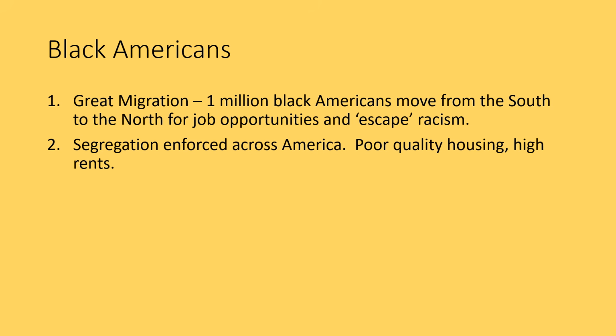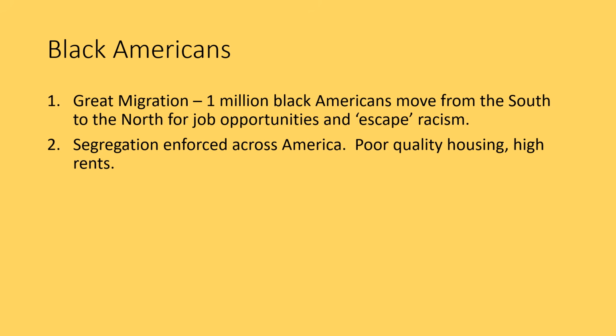Where they did live, the housing was of a very, very poor quality, where we start to get areas known as ghettos, not the same kind of ghettos as any of you who have studied Nazi Germany and the Holocaust may have heard of. They're not the same kind of thing, but those kind of poor quality housing areas, especially in the big cities, again, like New York and Chicago, where a lot of Black Americans lived.